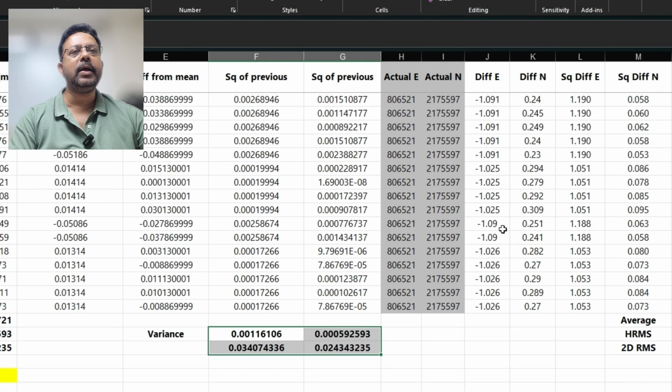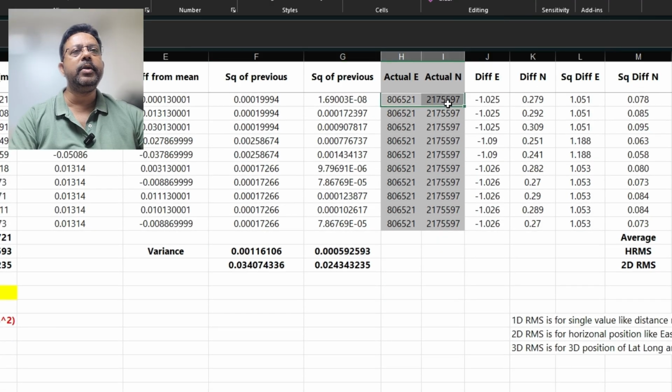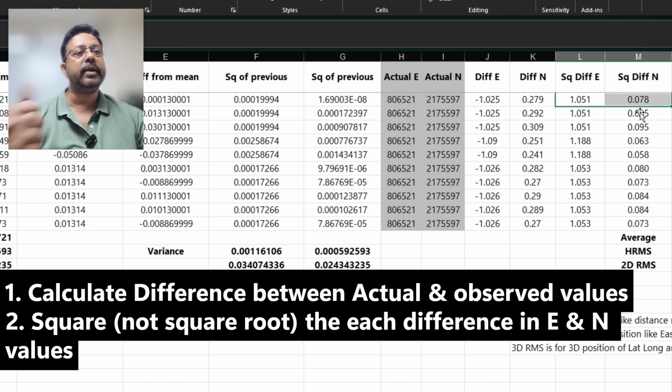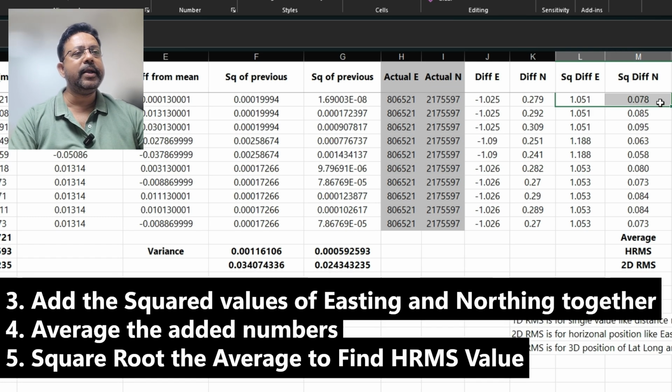Okay, now for the RMS value, you need an actual value of that point around which you are measuring. So this is my actual value and I have got certain values here. So you find the difference in easting and difference in northing, and then you find the square of the difference in easting and the square of the difference in northing. Then you add these two numbers together.